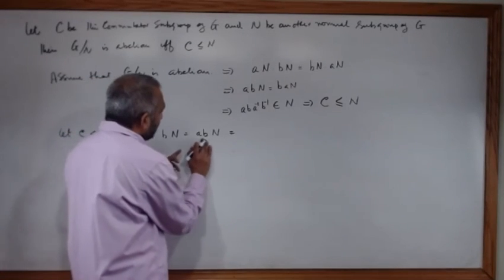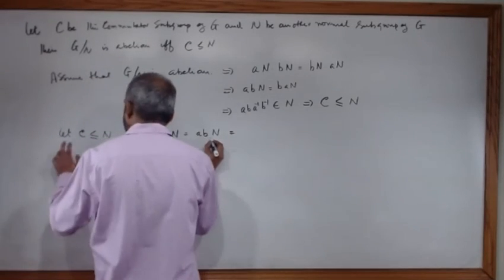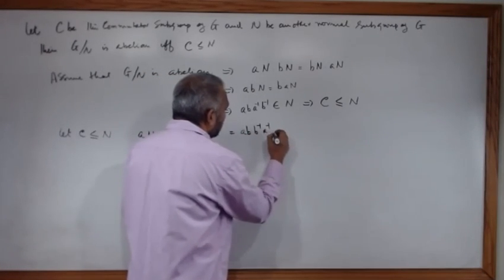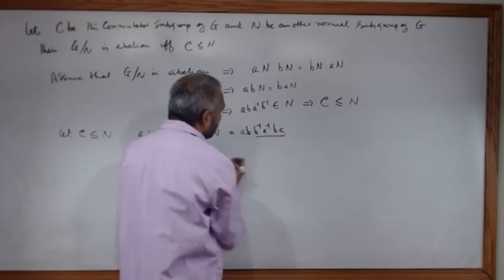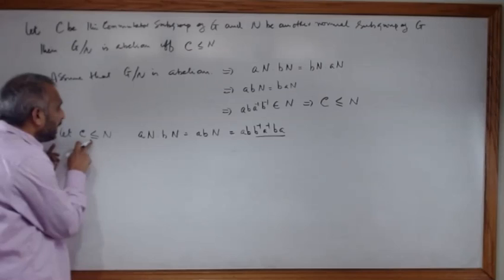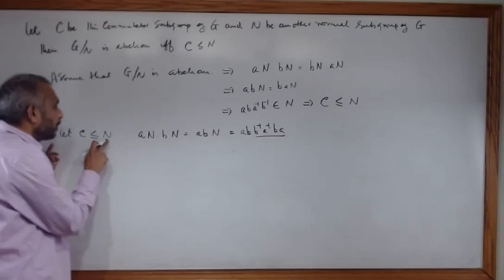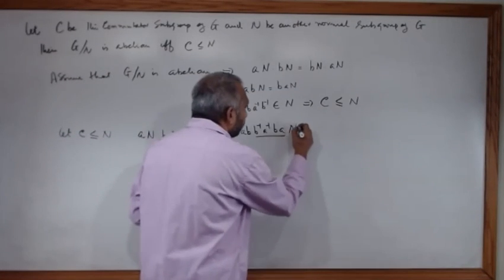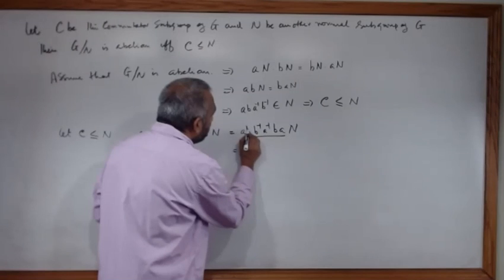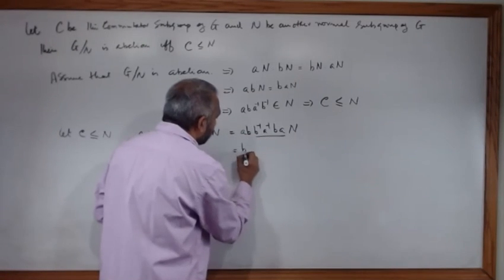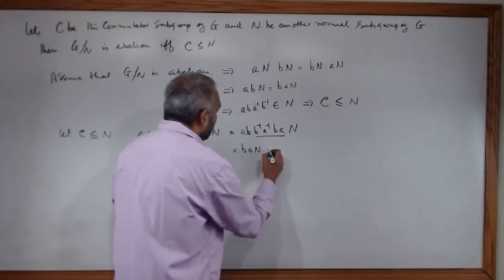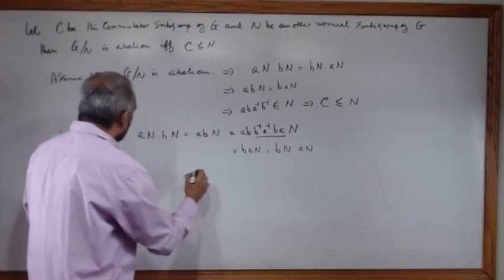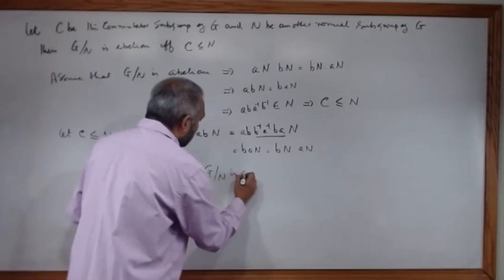Now what we are going to do is insert an element from C here. So AB, B inverse, A inverse, B, A is actually an element of C. And C is in N. So if you take any element from N and multiply it with this, it doesn't make any difference. B inverse cancels, A inverse cancels, and that is equal to BNA. And that implies G over N is abelian.